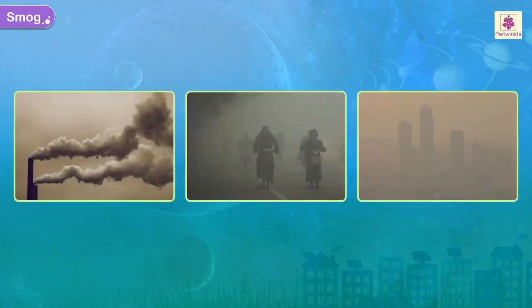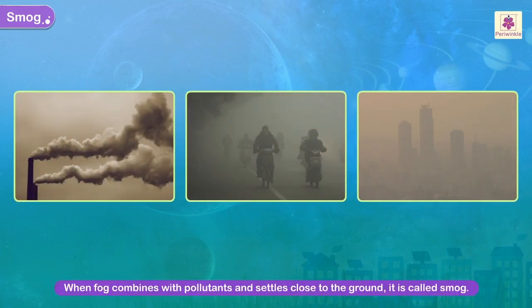In cities and towns where the pollution levels are high, the fog, when it settles close to the ground, combines with the pollutants that also settle close to the ground at night. This is called smog.